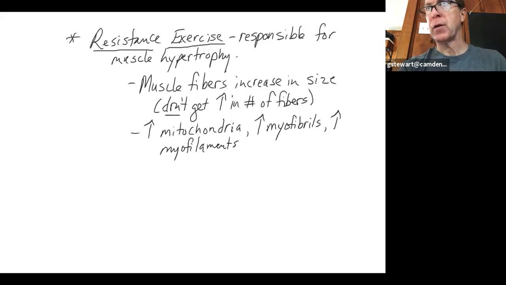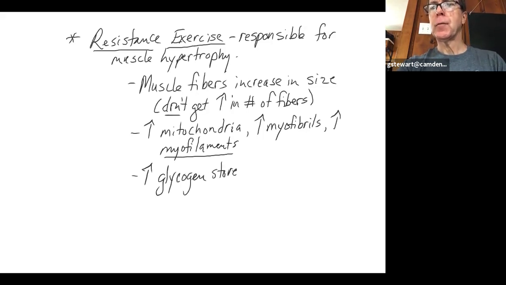It just allows a muscle to recoil. But this increase in myofilaments is mostly actin, the number of actin and myosin molecules. We also get an increase in glycogen stores. All of these contribute to the hypertrophy.